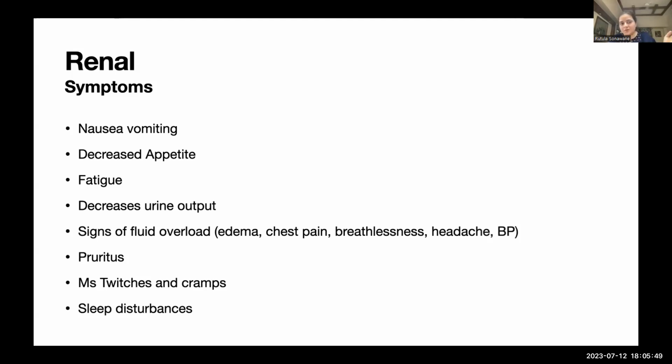This is mostly because of what we call chronic fatigue syndrome, like fatigue of chronic diseases. Because of the disease processes, there are a lot of inflammatory changes that occur in the body, which leads to the fatigue in the patient. So the fatigue is also kind of multifactorial. So there are no specific medications that are given for fatigue in any situation. So it's mostly your rehabilitative and psychological measures that can help with your fatigue.